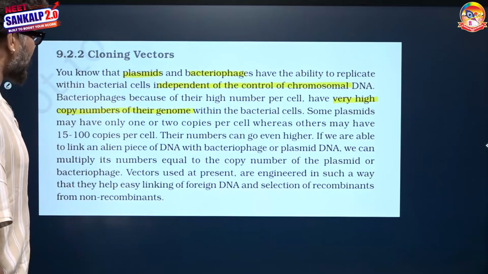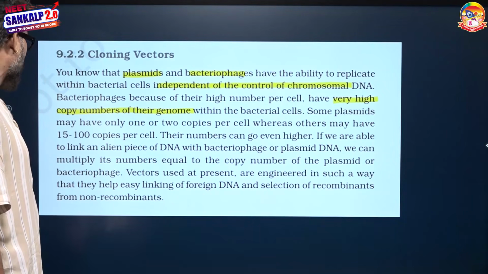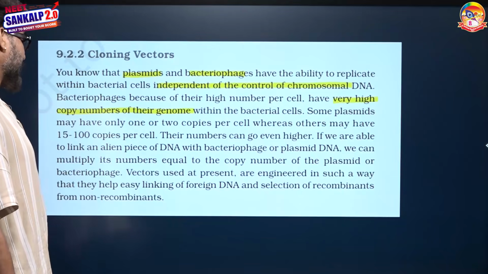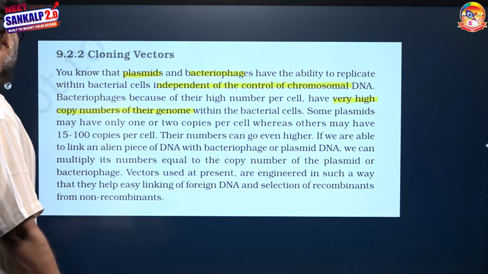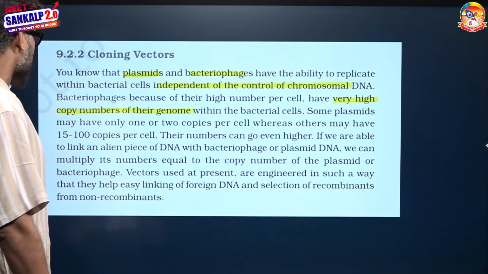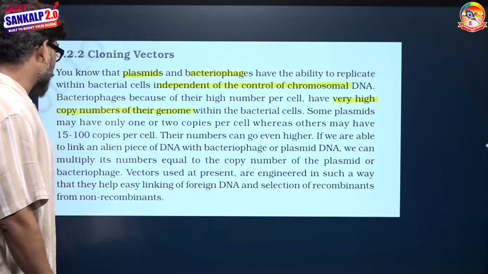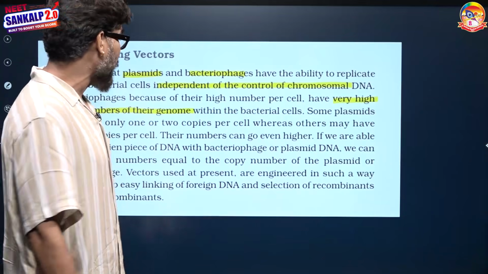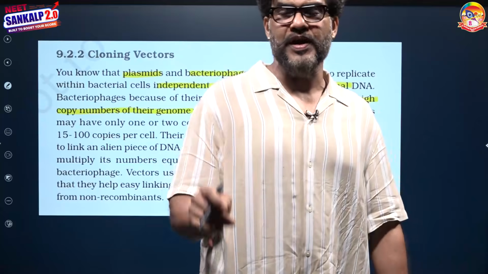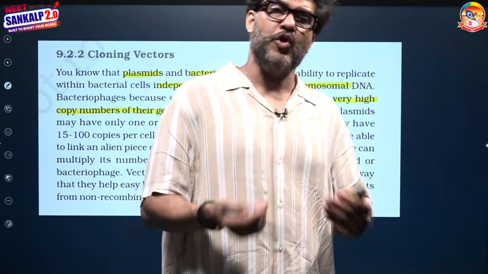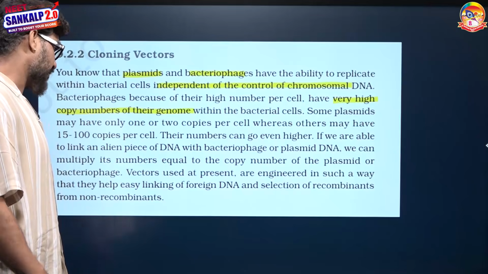Within the bacterial cell, some plasmids may have only 1 or 2 copies per cell, whereas others may have 15 to 100 copies per cell. Their numbers can go even higher if we link an alien piece of DNA with a bacteriophage or plasmid, as we can multiply it equal to their copy number. So, for an ideal vector, the copy number should be high, so that multiple copies of our desired DNA or the gene of interest can be developed.